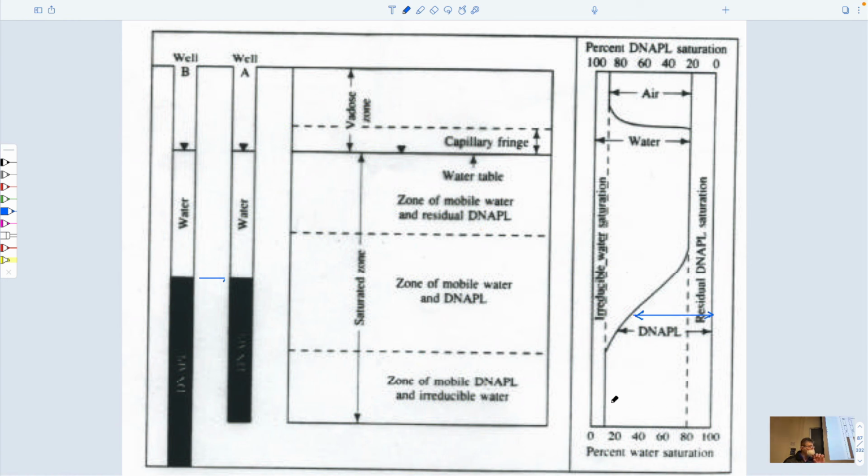Physically, it would be a big thick lens on the bottom, which is stopped by some capillary barrier, nothing else. Above that, it would be water. It's going down here. And the slope of this curve is controlled by the gradient of the capillary pressure versus saturation curve.